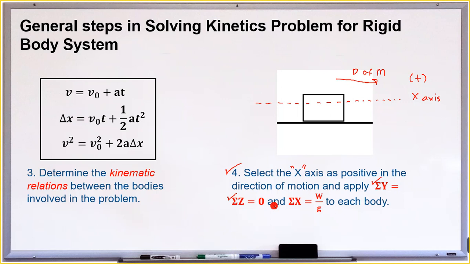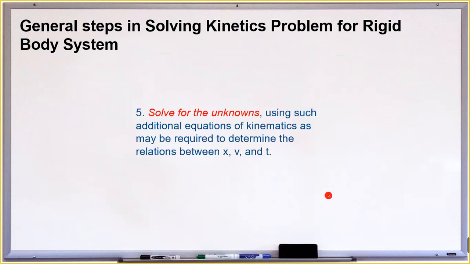It's because we are only considering a body that moves on a single axis or a single direction. So no rotation, no translation with respect to other axes. Okay, so you can use this one. And then finally, solve for the unknowns, using such additional equations of kinematics as may be required to determine the relations between the displacement, velocity, acceleration, and also the time.